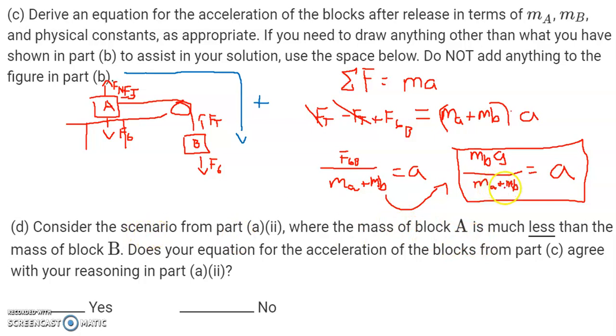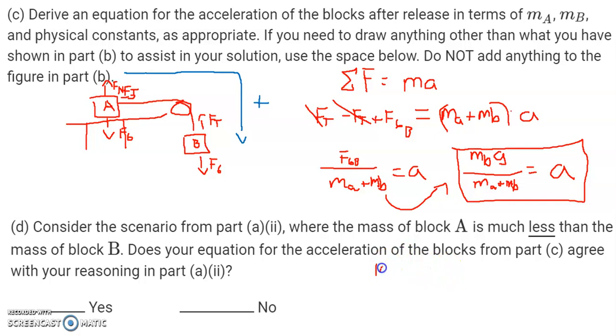All right. Now, they're asking, does this make sense? Think about this. Where the mass of block A is much less than the mass of block B, block A is a feather and block B is really heavy. That means the mass of A is pretty much 0. So let's say the mass of block B is 10.